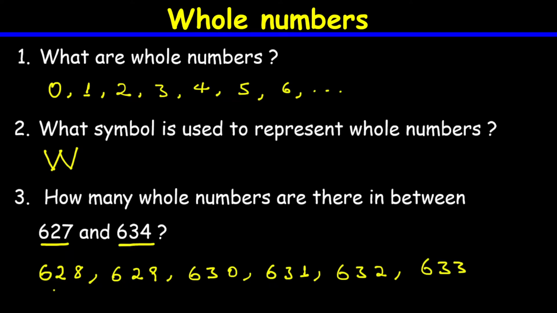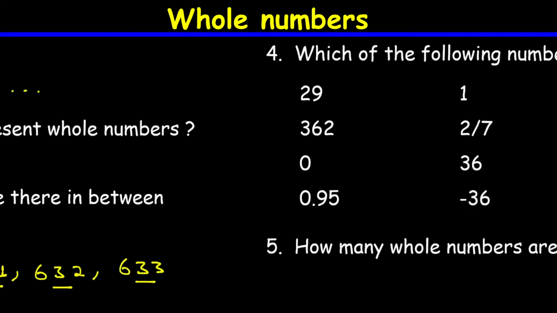Therefore, we have 1, 2, 3, 4, 5, 6 whole numbers in between 627 and 634. Therefore, the answer to this question is 6. There are 6 whole numbers in between 627 and 634.